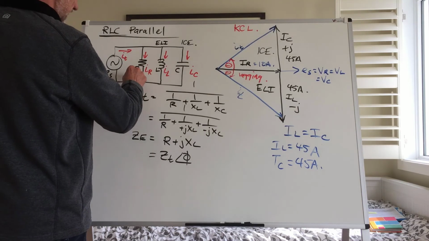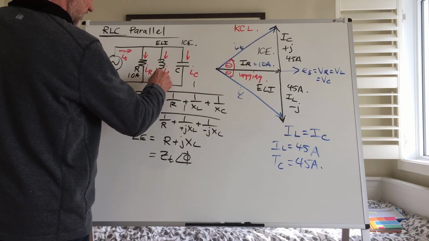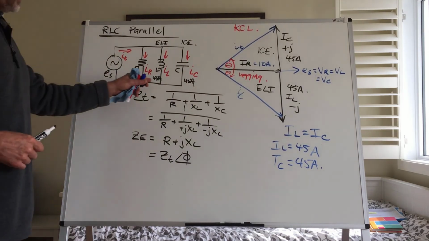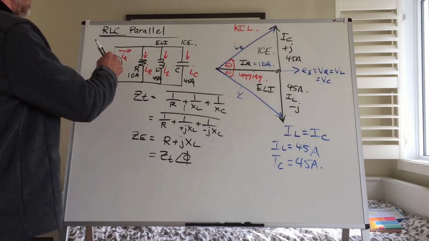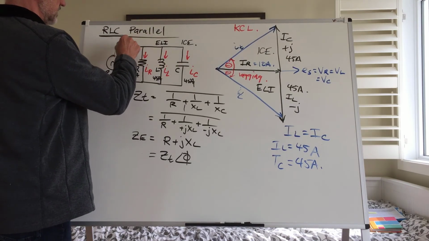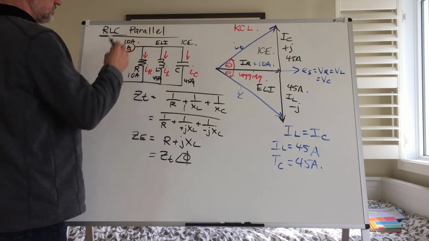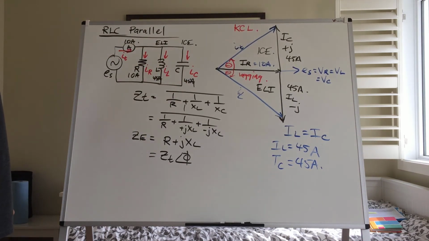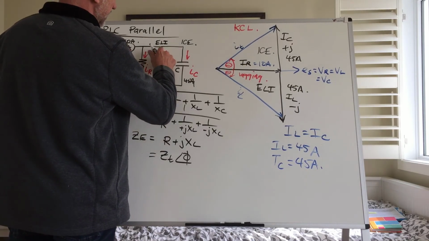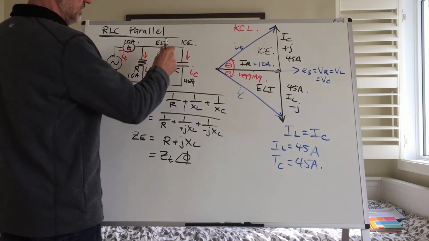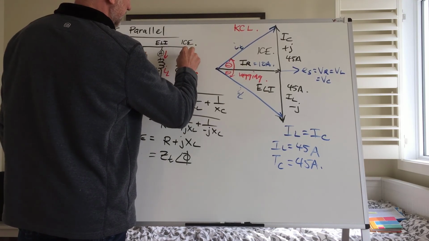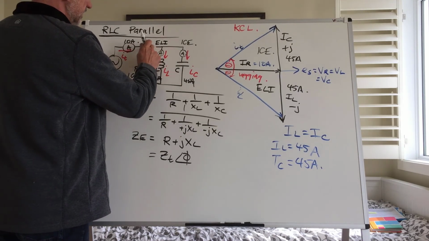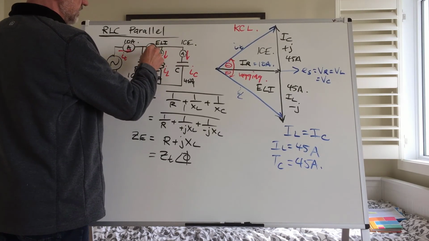So if we had 10 amps here, 45 amps here, 45 amps here, that is a value of total current that would be read here as 10 amps. Yet, we'd have two branches that, when read individually, would be 45 amps. So an ammeter here would read 45 amps. An ammeter here would read 45 amps. An ammeter here would read 0.